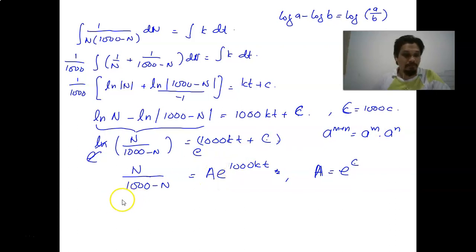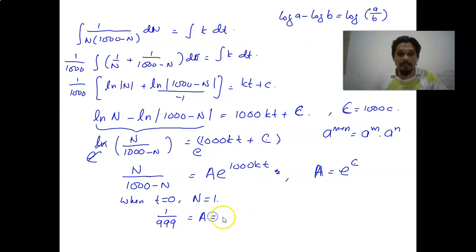Okay, now the first information given in the question then, when t equal to 0 and n equal to 1, where n equal to 1 and 1 here, so 1 over 1000 minus 1, 999.